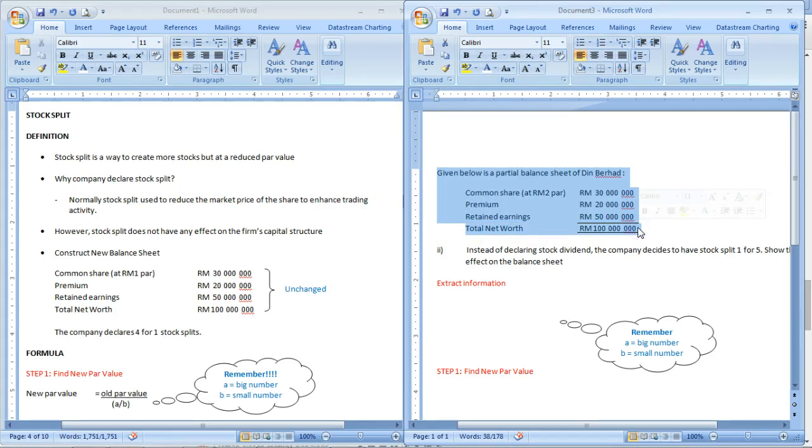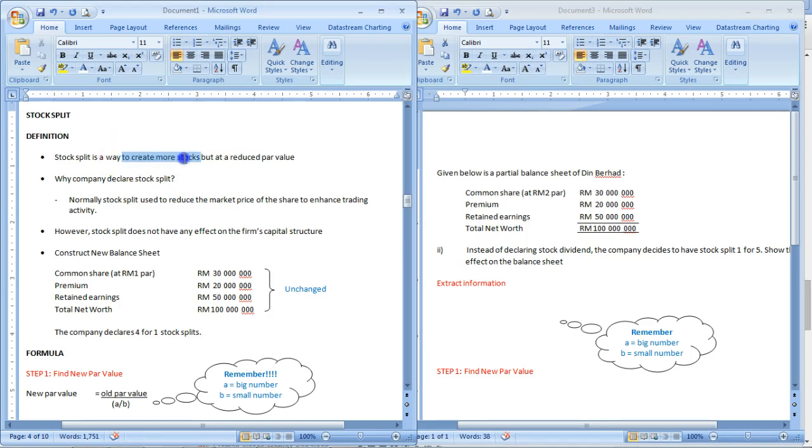So now, instead of declaring stock dividend, the company decides to have a stock split. That means to increase the number of shares but reduce the market price. How? By using stock split. Stock split is a way to create more stocks and can reduce the par value.